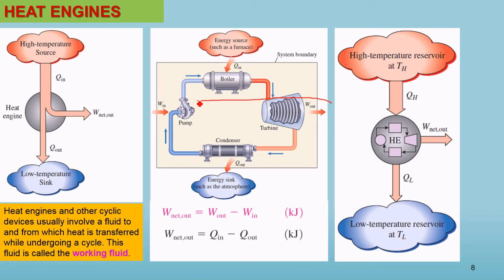Also observe that it is consuming work in the pump, and it is producing work output in the turbine. So the net amount of work that is generated in this cyclic device is W net, which is equal to W out minus W in.